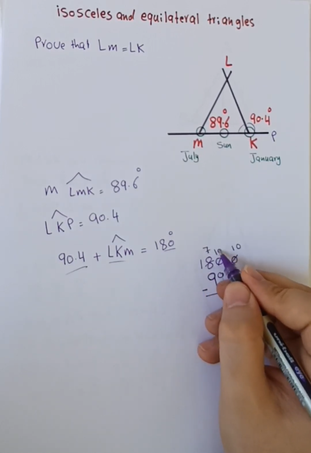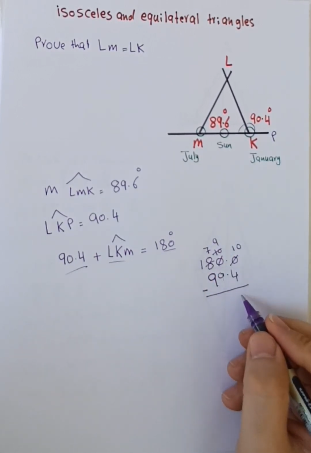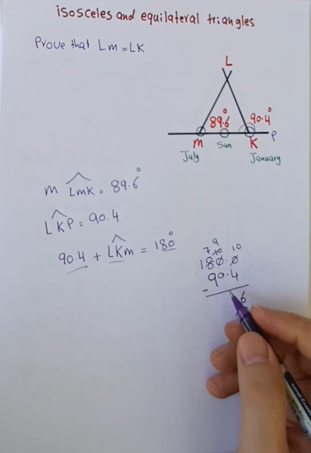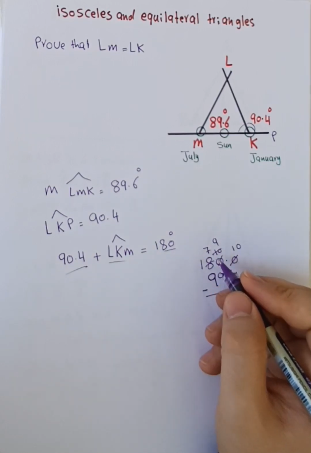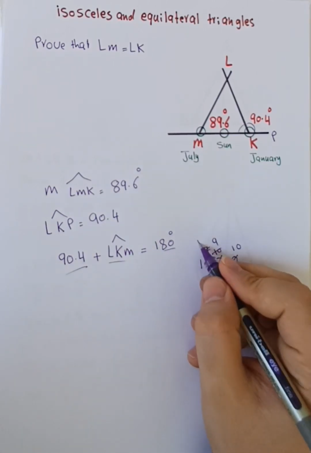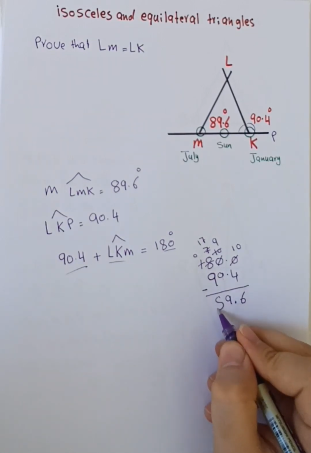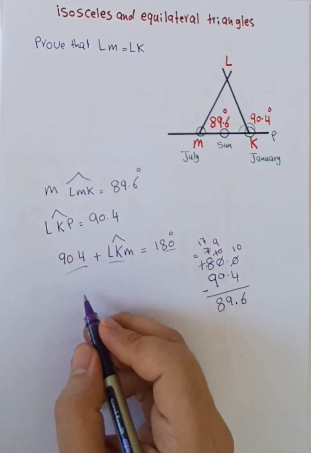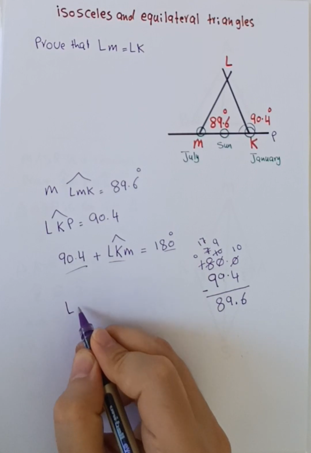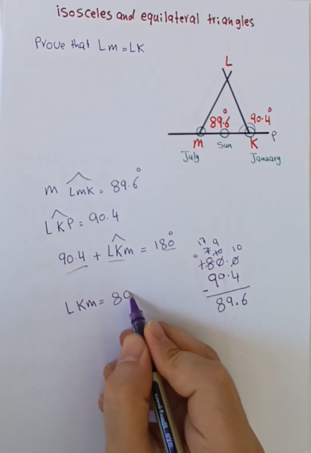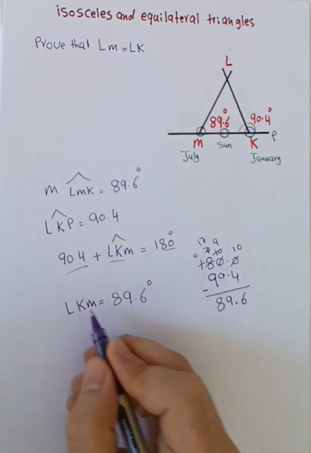The 0 becomes 10, and then becomes 9. 10 minus 4 is 6. 9 minus 0 is 9, and then this 7 becomes 17, and this 1 becomes 0. 17 minus 9 is 8. So the measure of LKM equals 89.6 degrees.